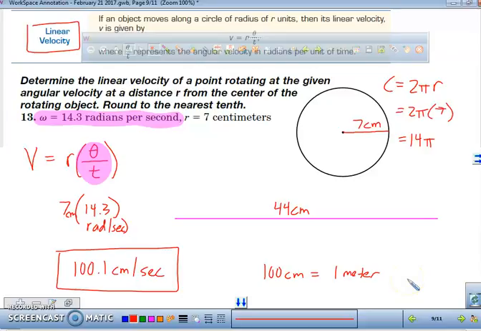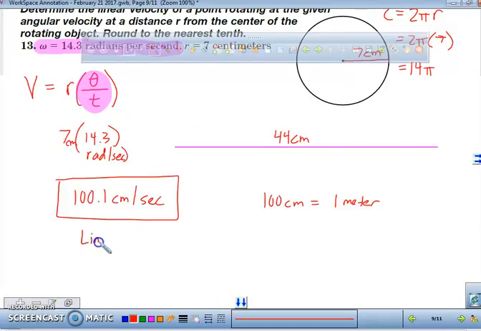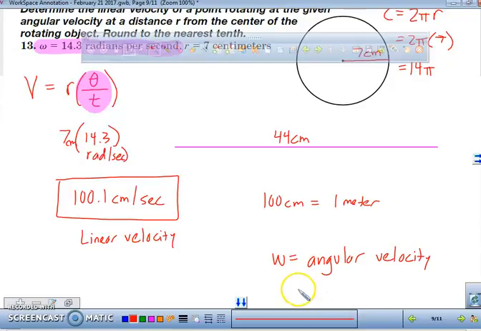This object is traveling 1 meter per second, and this is your linear velocity. So if I give you W, what does W represent? That represents your angular velocity. All you have to do is take your angular velocity and multiply it times your radius, and that gives you your linear velocity.